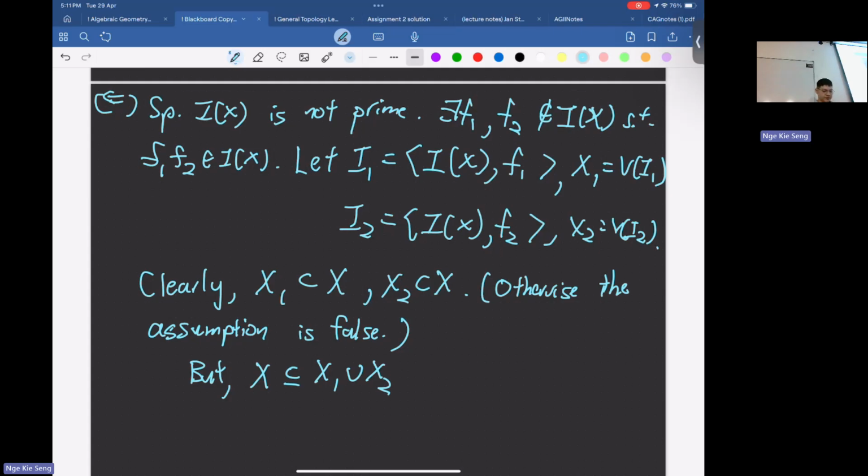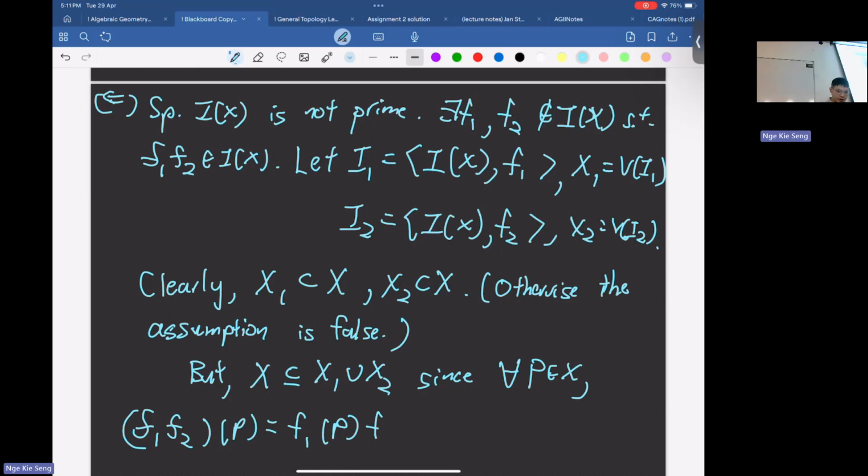So how do we prove this? We just need to show that every point in X satisfies the zeros of I1 and I2. Let's check it. Since for every point P in X, really you just need to check f1 times f2. f1 f2 at P is f1(P) and f2(P), which equals 0.